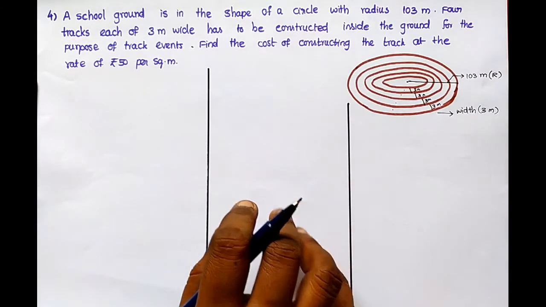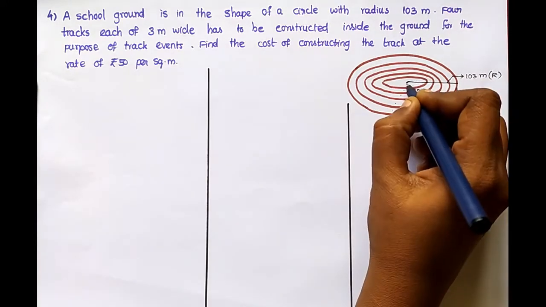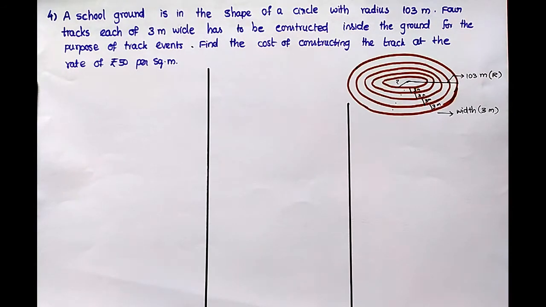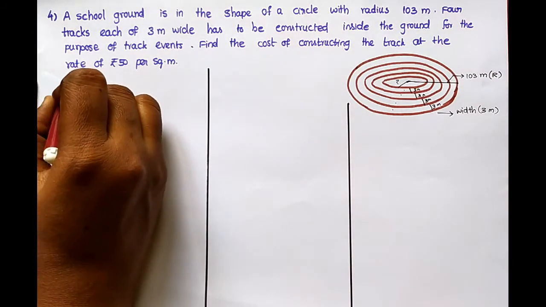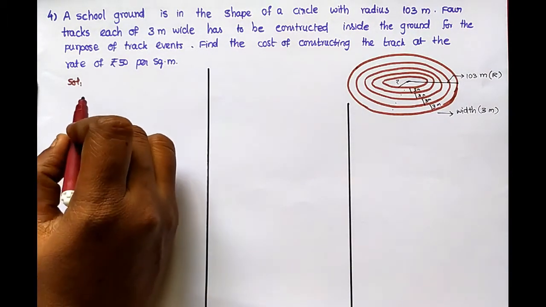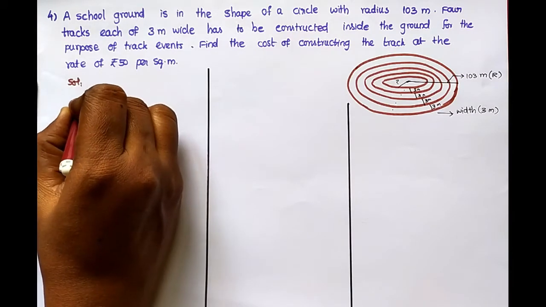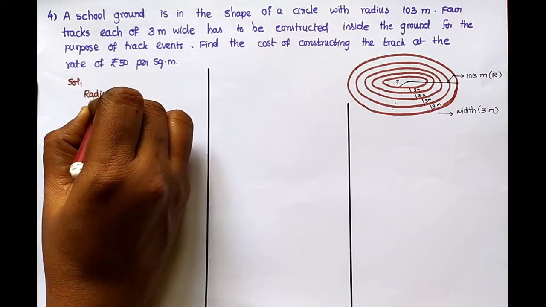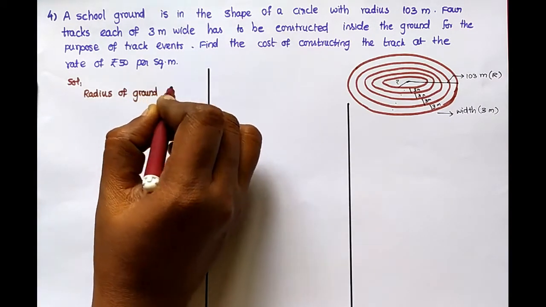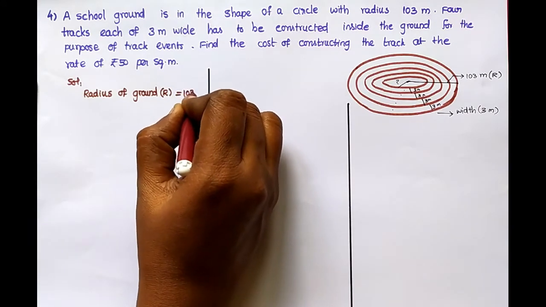Now we want to find out the inner circle radius. Inner circle radius, how will you find out that? Listen, write down first what they given. Radius of ground, that is capital R, equal to 103 meter.